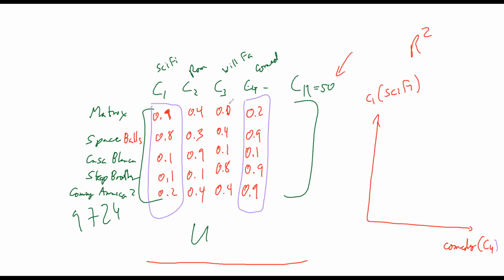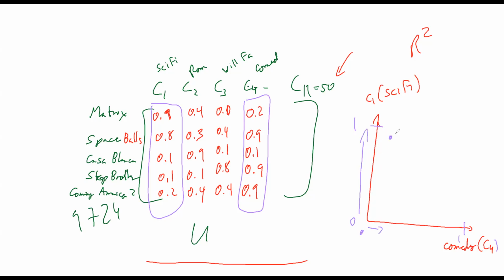So the Matrix on sci-fi is 0.9, pretty high. Remember, these go from 0 to 1. In comedy it is really low, so it goes to 0.2 and then all the way to 0.9.